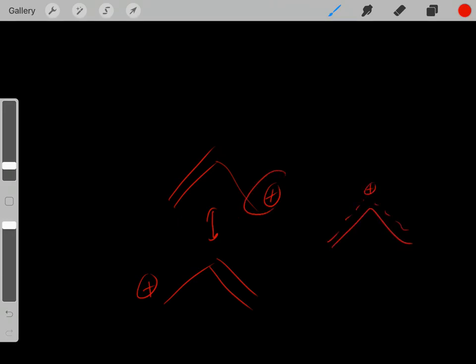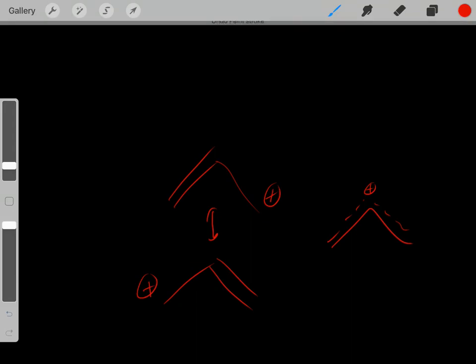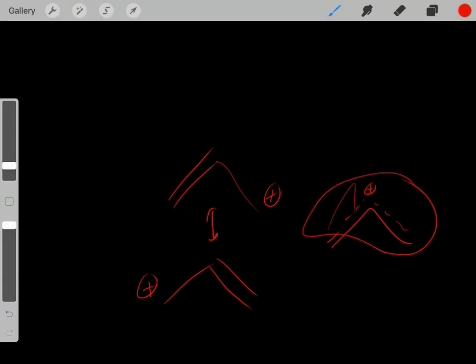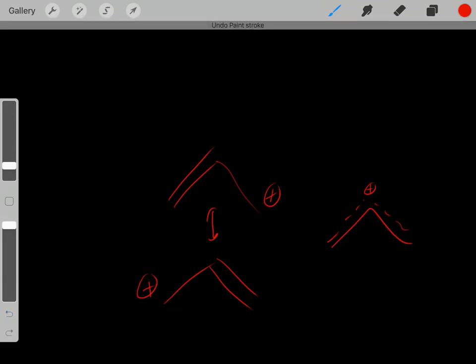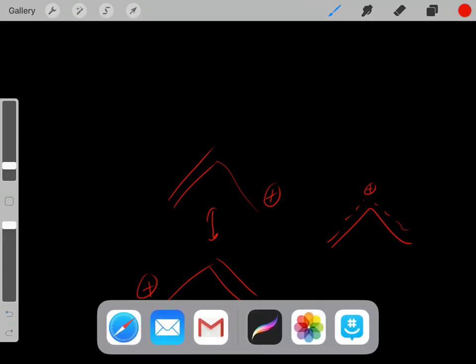So now instead of the positive charge density localized here, or here, we can spread it out over a larger region with a smaller charge density, which is energetically favorable and stable. And again, it's simply rearranging these pi electrons. All resonance is rearrangement of pi electrons.